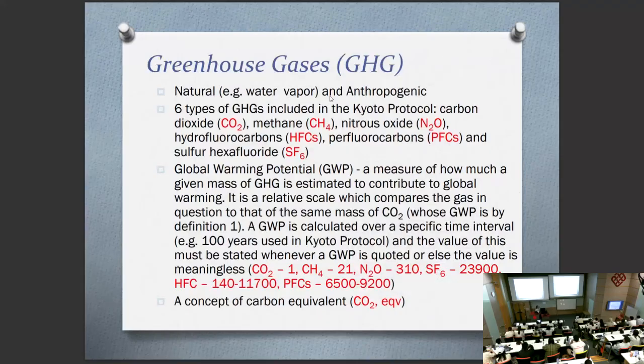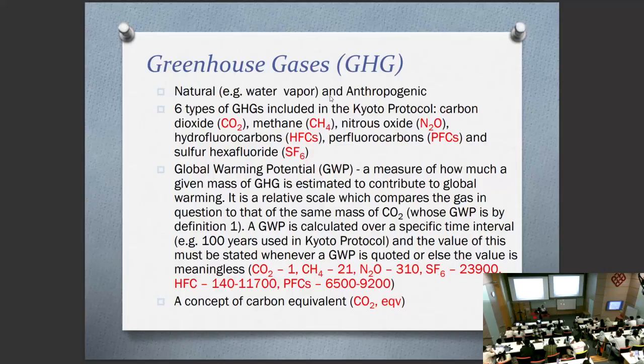So greenhouse gases. So we mentioned that carbon dioxide is a kind of greenhouse gas, okay, but not just carbon dioxide. Like water vapor. Water vapor is a natural greenhouse gas. And we have some other anthropogenic greenhouse gases.